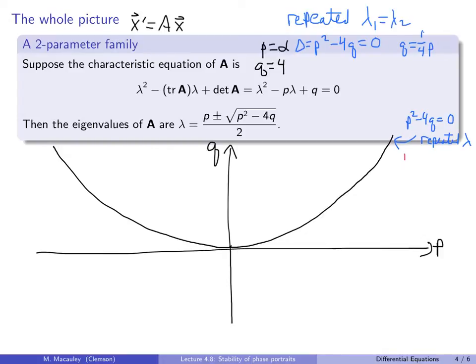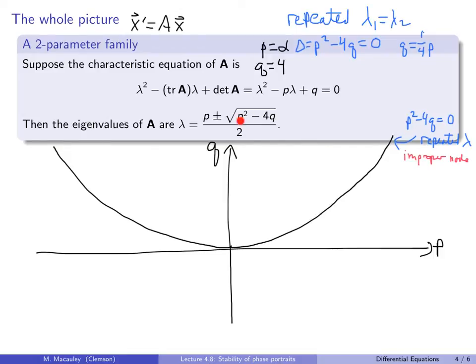So let me just write that down. Improper node.